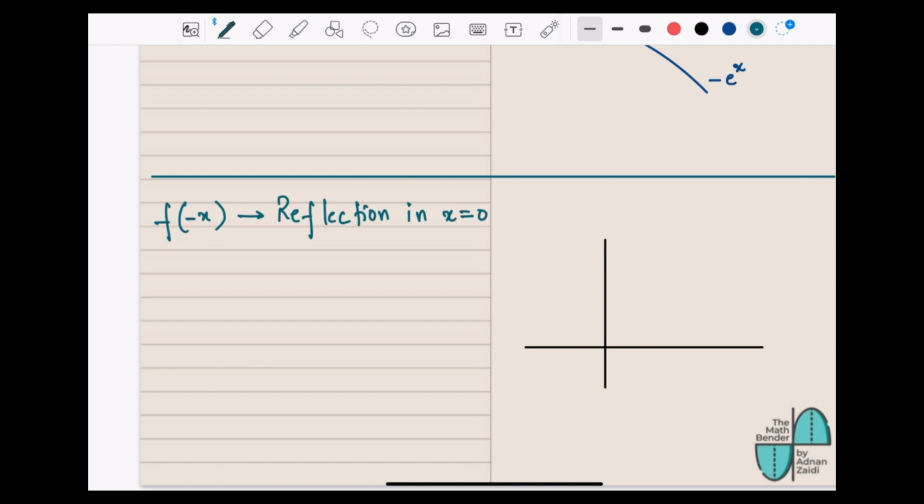I'm drawing the parent function and then I'll draw the other one. So if this was the original e to the power of x, the equation will become y equals e to the power of minus x, since f of x was e to the power of x, and this negative sign inside makes x become negative x. So the other graph is going to look like this.